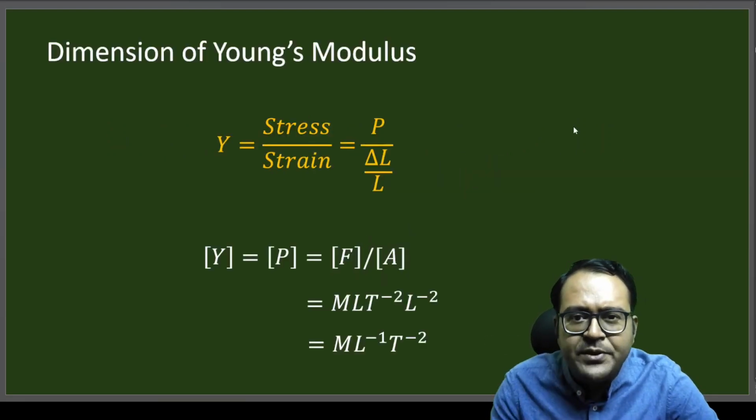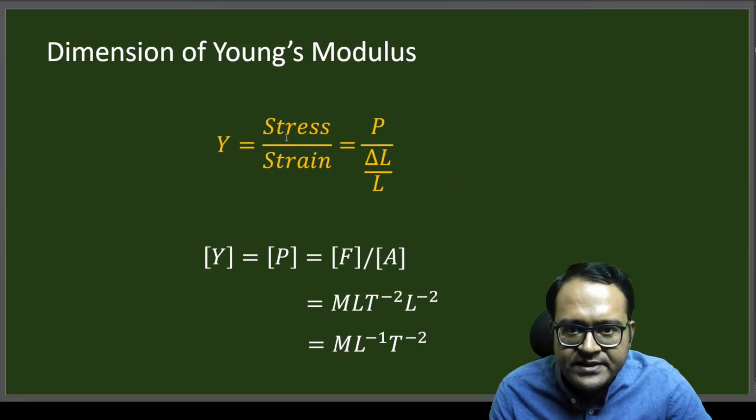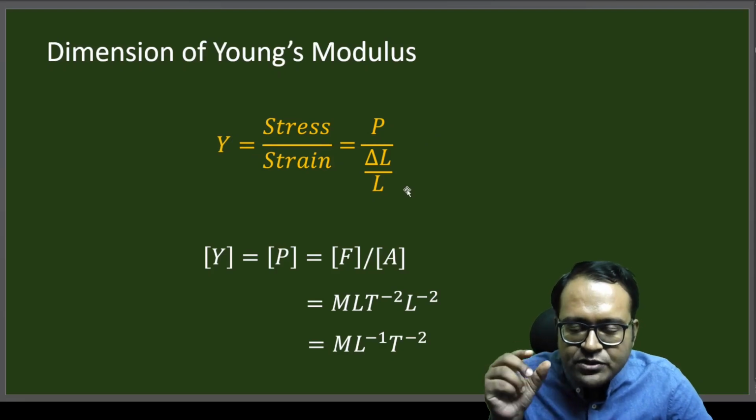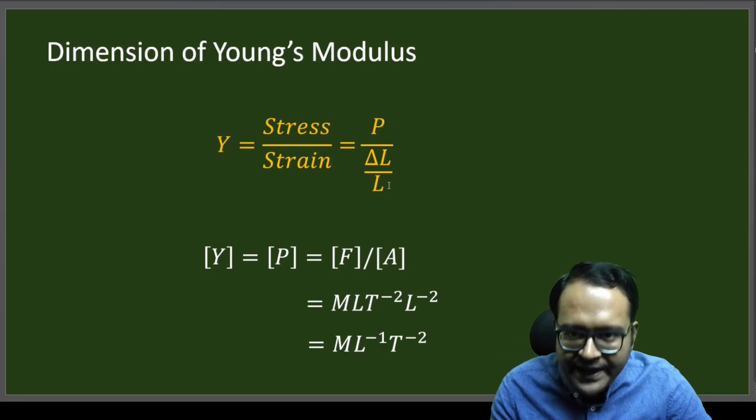What is the dimension of Young's modulus? Young's modulus is defined as stress by strain, and stress is pressure, force by area, and strain is the ratio of the length increased to the length itself.